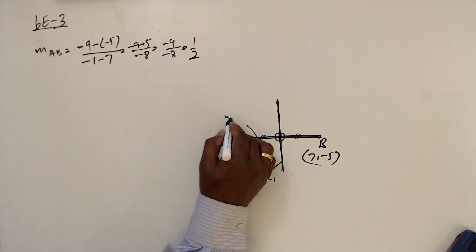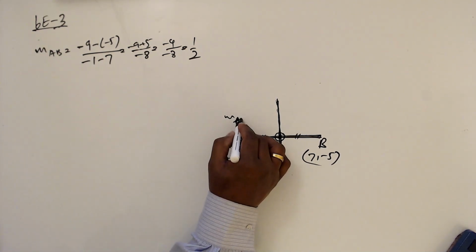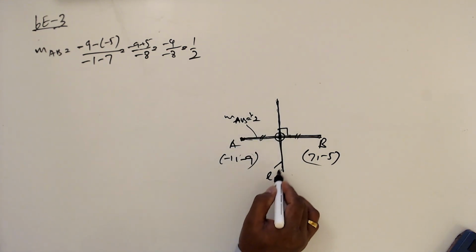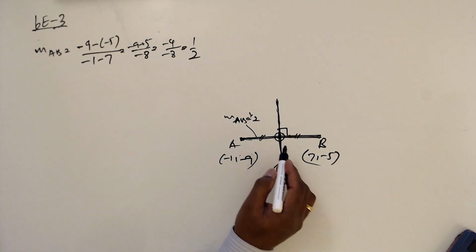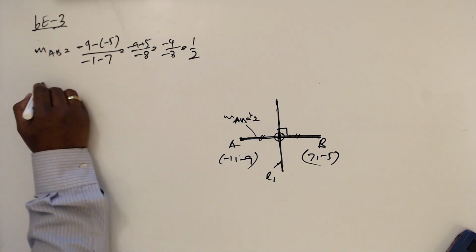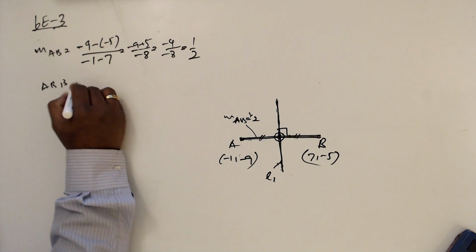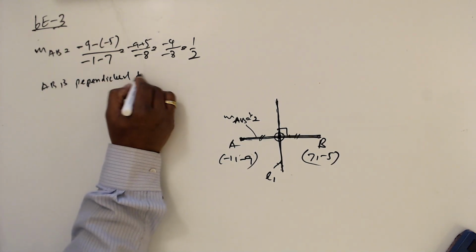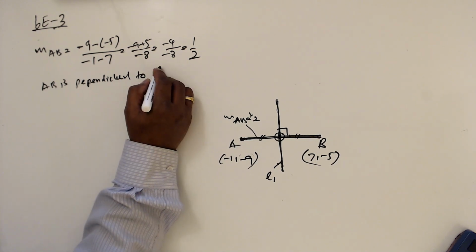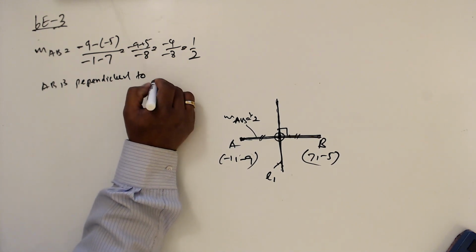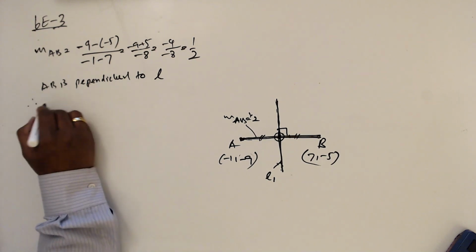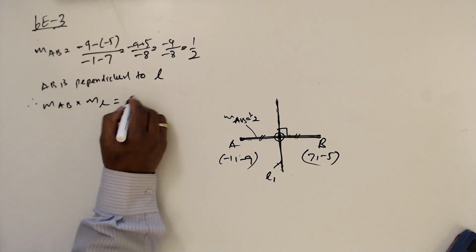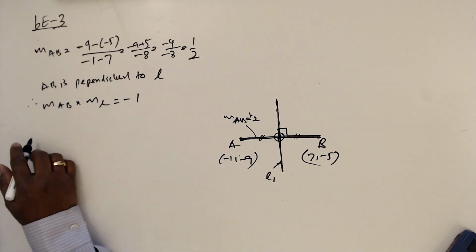So I know the gradient MAB is a half. Since this is perpendicular, then I can find the gradient of L. AB is perpendicular to L. Hence, when you multiply the gradient of AB and the gradient of L, you have to get minus 1.